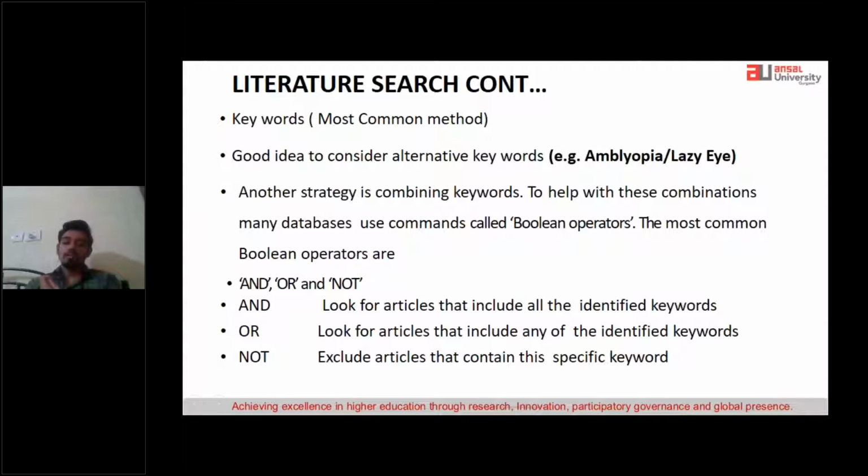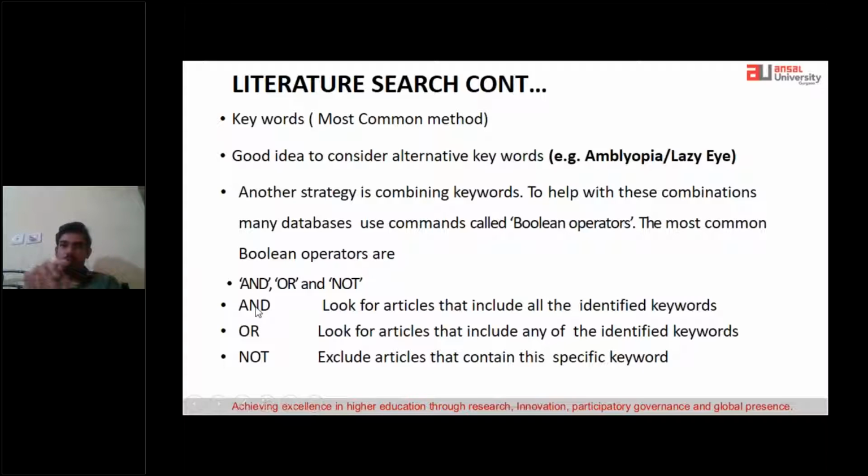And there is something known as Boolean operators. I don't know if you are aware of this or not, but these Boolean operators are important while you are searching literature using PubMed or Google Scholar. These Boolean operators are AND, OR, and NOT. They serve a purpose while you are doing a literature search on PubMed. For example, AND should be used in capitals.